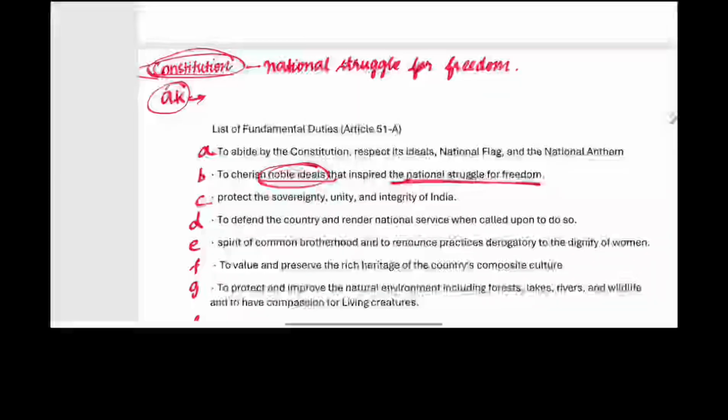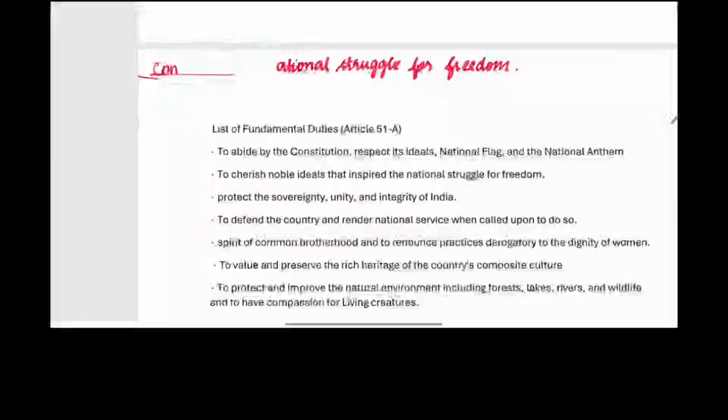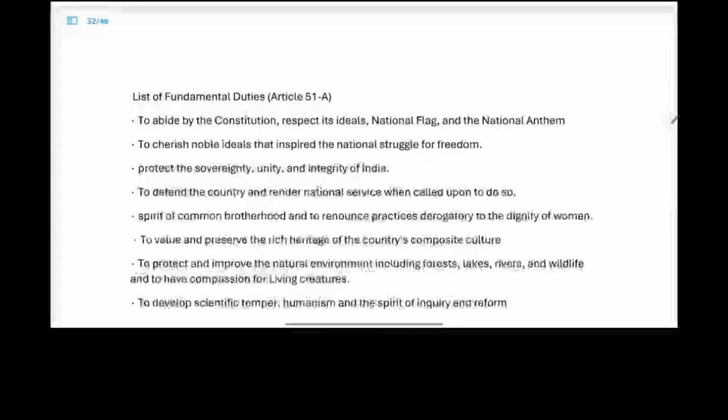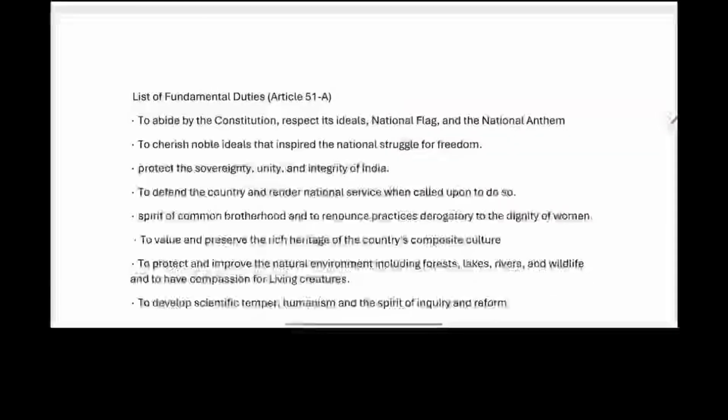Now, what is a Constitution? Abide by the Constitution, respect its ideals, the national flag, and the anthem. Once we are dealing with the Constitution, we need to mention how the Constitution came into being. The Constitution came from a national freedom struggle.